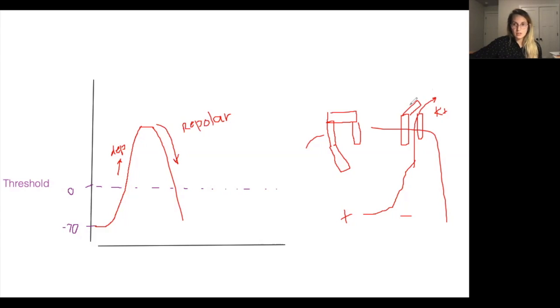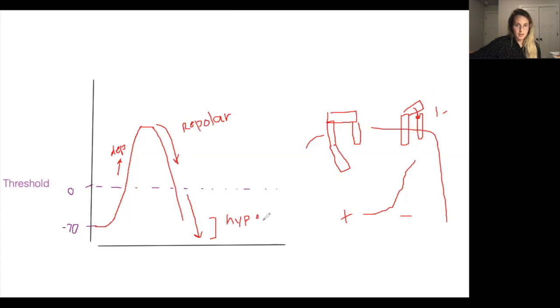Okay, this door on the potassium voltage gated channel starts closing. Sorry, this is kind of ugly. It slowly starts closing, and as it slowly starts closing, potassium isn't allowed to leave as much. And that causes it to come even lower than -70 mV. And that is called hyperpolarization.